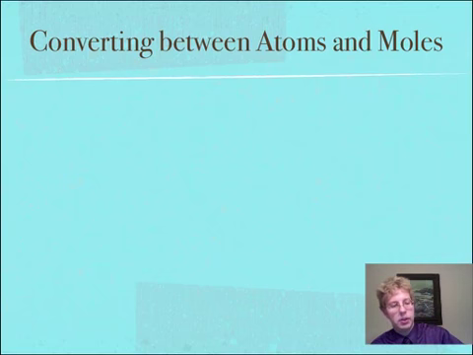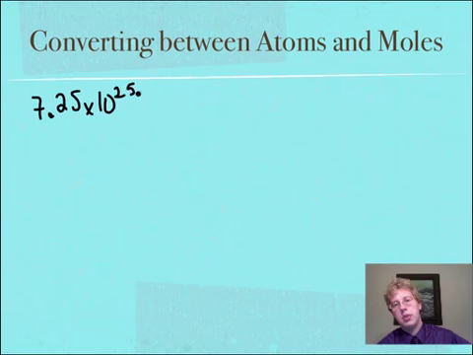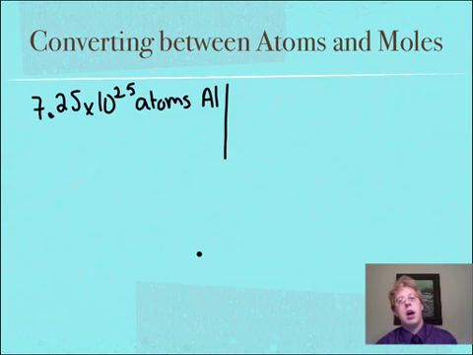We can also use the mole to convert from atoms to moles here. If I were to look at 7.25 times 10 to the 25 atoms of aluminum, I'd have to use the conversion factor that we know that moles represent in this case.